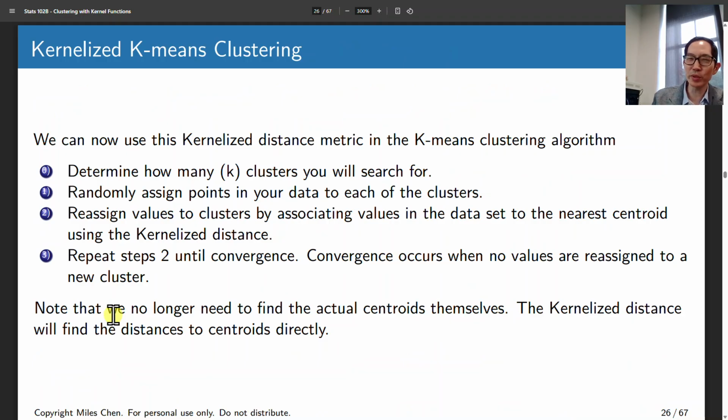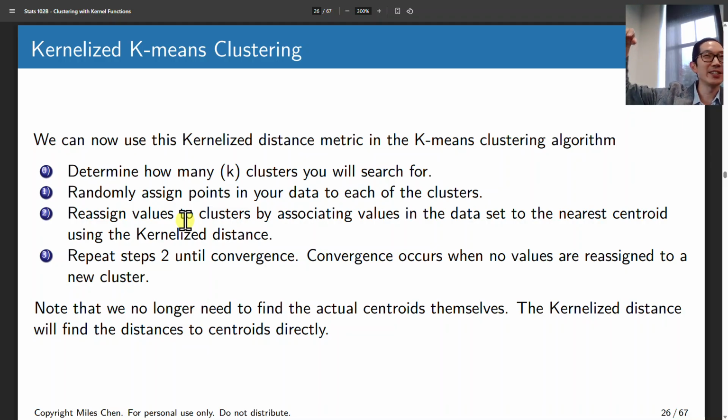So this feels really weird, but we're going to assign values to new clusters based on the distances to the centroids, and then once we do that, we'll recalculate the distances to the centroids. So it used to be calculate your centroids, then calculate the distances and reassign based on the distances.